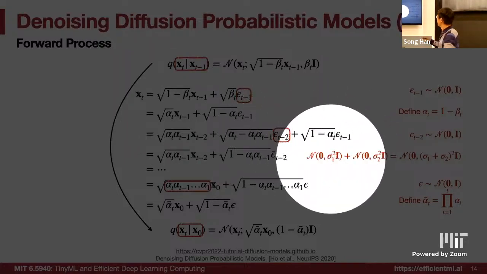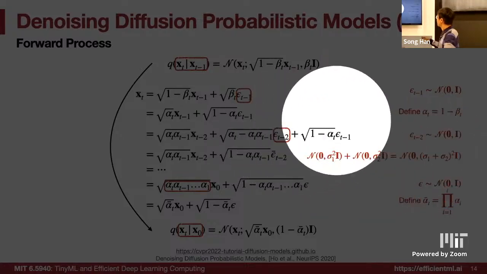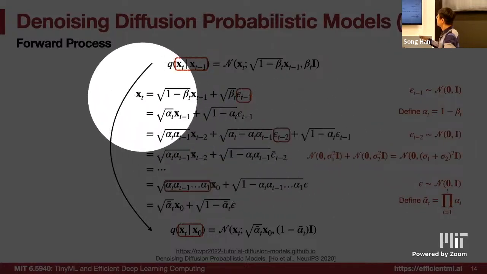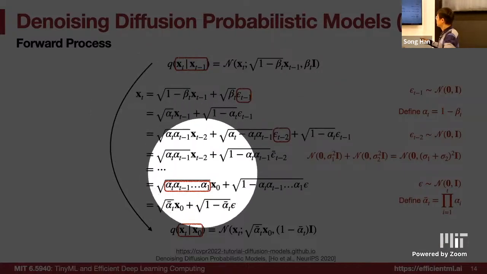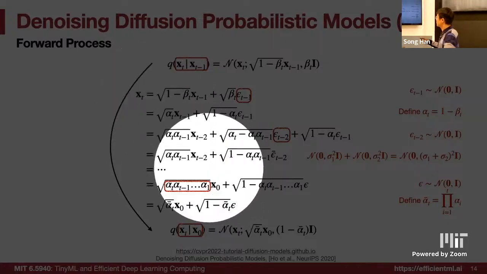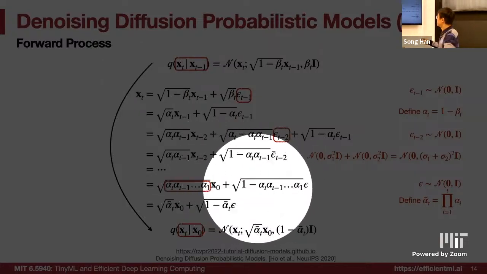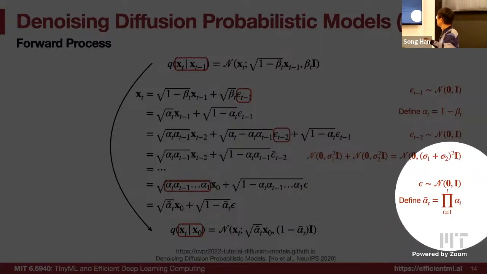This is a relationship between x_t and x_{t-1}. We can expand this equation by inserting the same relationship between x_{t-1} and x_{t-2}, so that we can represent x_t with x_{t-2}, epsilon_{t-2} and epsilon_{t-1}. Adding two different Gaussians, we have this property so that we can combine the two noise terms together. So we get a relationship between x_t and x_{t-2}. And so on, we can all the way get a relationship down to x_0, with the combined noise. We can shorten that by defining alpha_t bar to be the product of all the alpha_i.